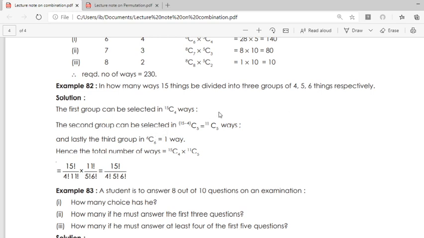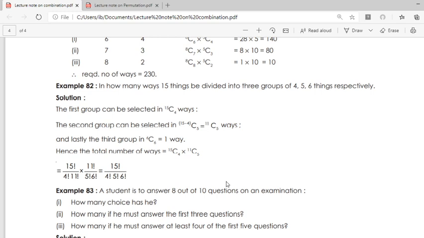Now you want to pick 6. So the last group will now be 6 combination 6. Because you have taken 5, you'll be left with 6. That's how you have 6 combination 6, that's 1. So when you do that, you multiply it.